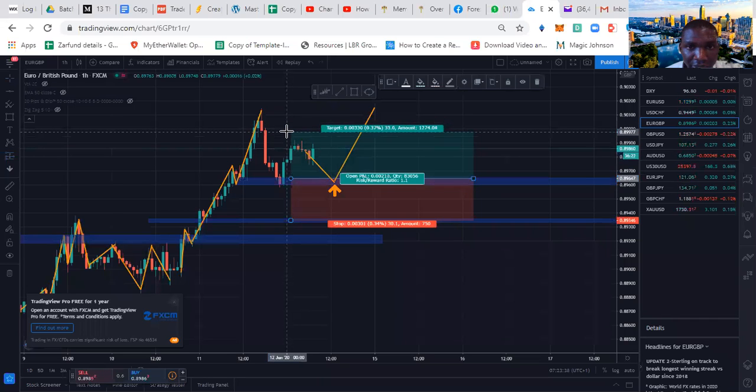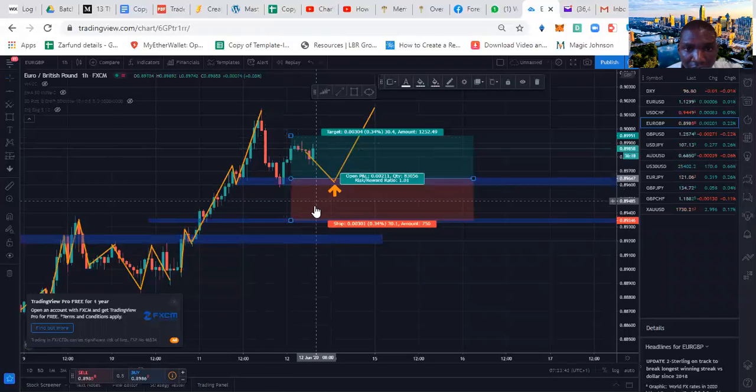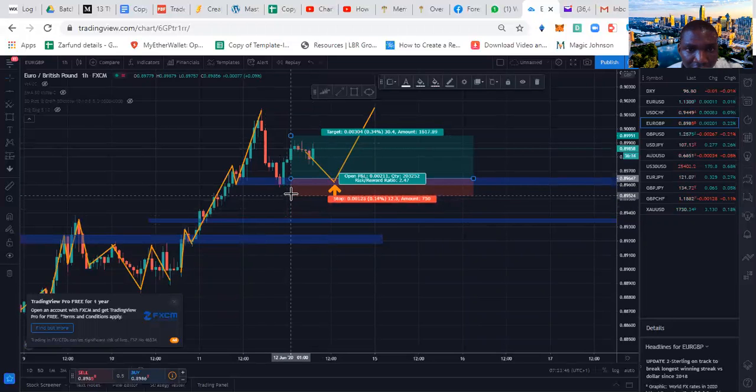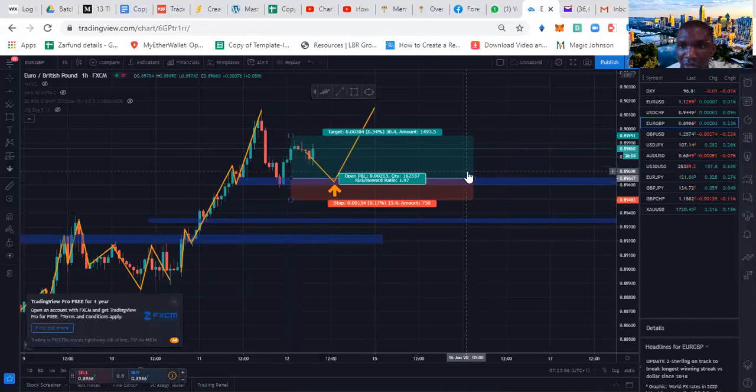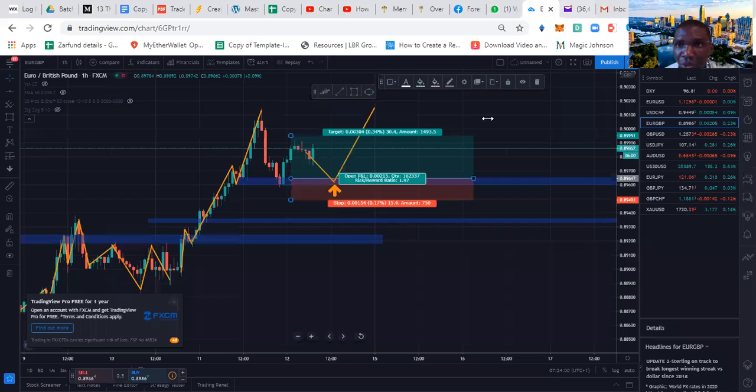Then our stop loss is going to be tight, let's put it at 15 pips around here. Okay, so this is what it's going to look like. So the next signal we have is Euro GBP.